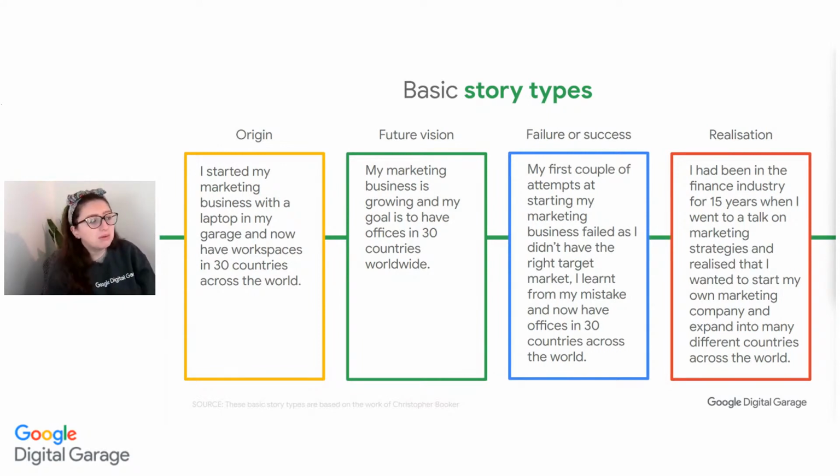So my first couple of months of attempts at starting my marketing business failed, as I didn't have the right target market. I learnt from my mistake, and now I have offices in 30 countries across the world. So we've found the problem, the issue, the reason for lack of growth, and then we found a way around that.